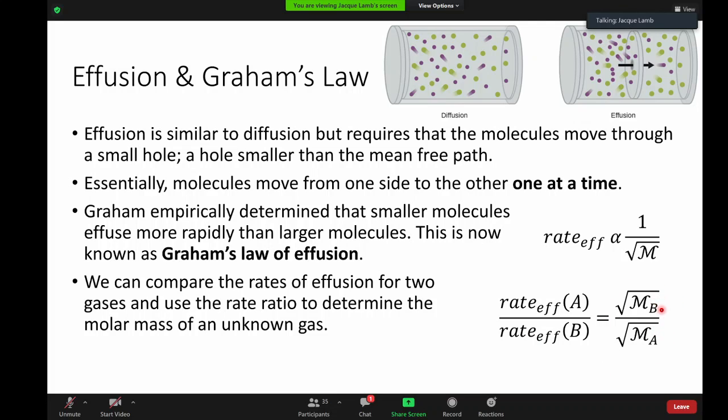And if you know the identity of one of these gases, you measure the rates of effusion and you can calculate from that the molar mass of the second gas by comparing them in this equation. So it's a very simple mathematical process. You have to know the identity of one of these gases and you measure the rates of effusion of both of them. They have to be measured at the same temperature in the same chamber in order for that to work.